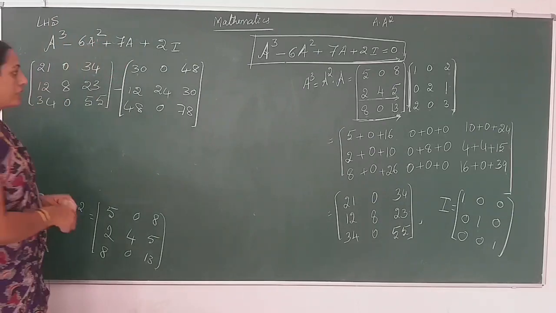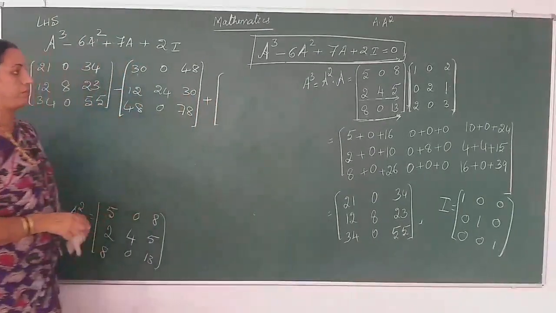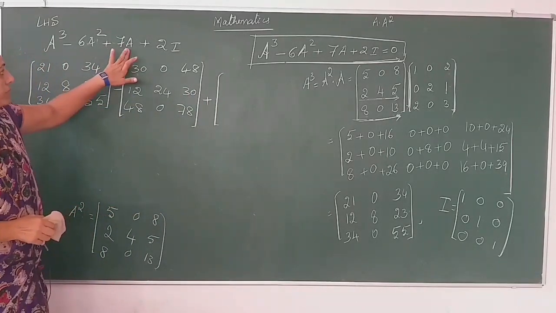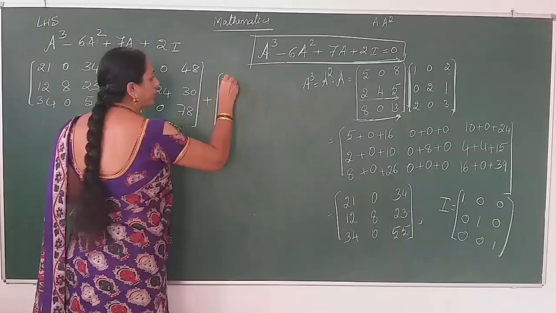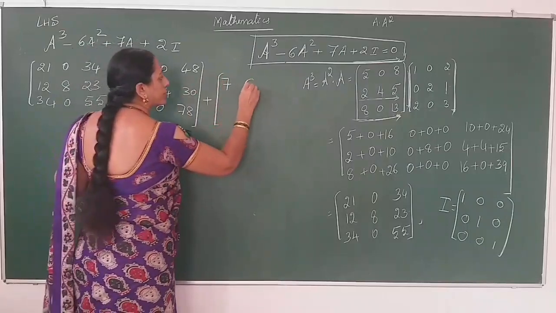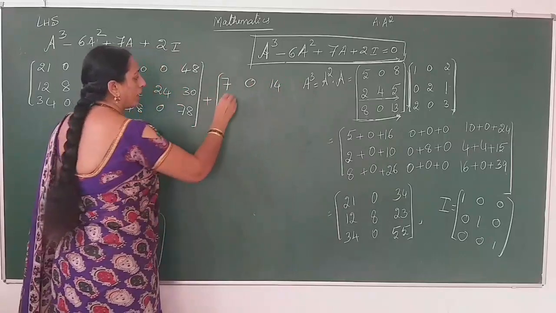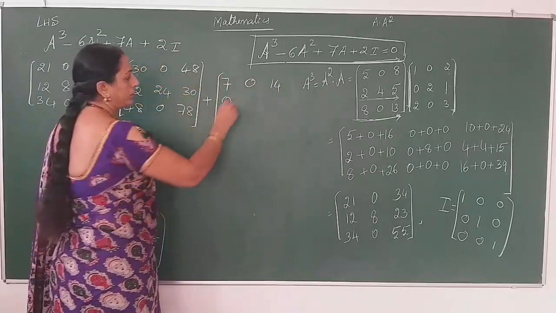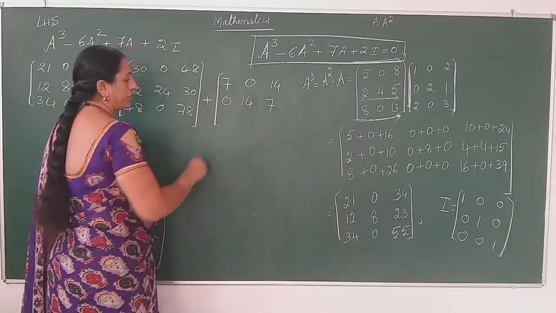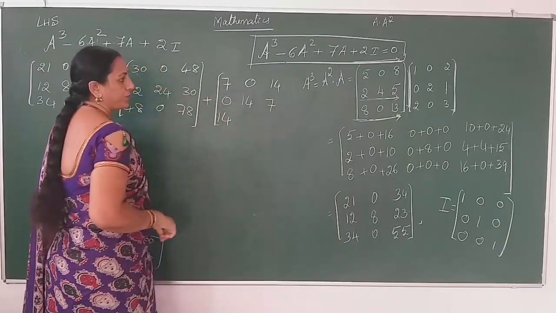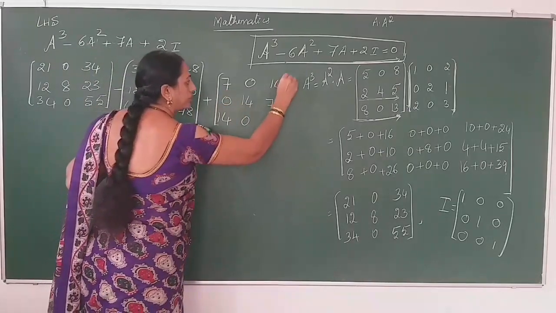Third term is 7A. A is one of the given matrices. So all the elements of matrix A are multiplied by 7, that is 7 into 1 is 7, 7 into 0 is 0, 7 into 2 is 14, again 7 into 0 is 0, 7 into 2 is 14, 7 into 1 is 7, again 7 into 2 is 14, 7 into 0, 7 into 3.